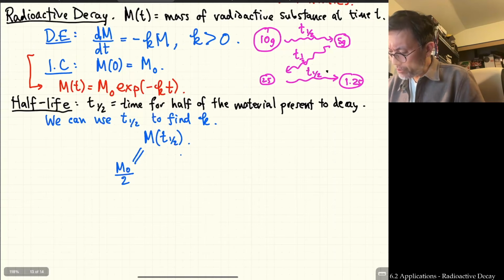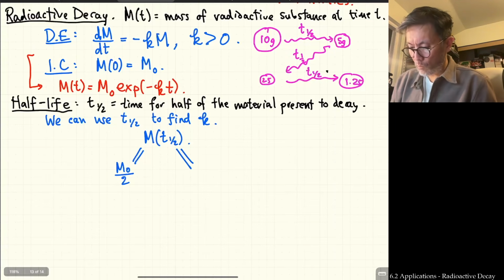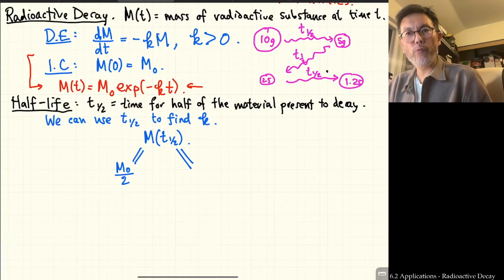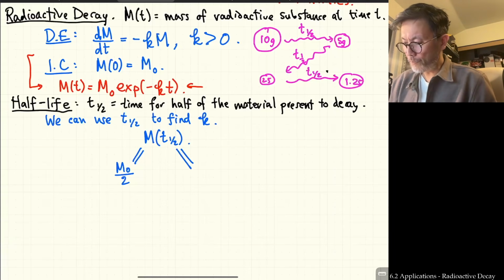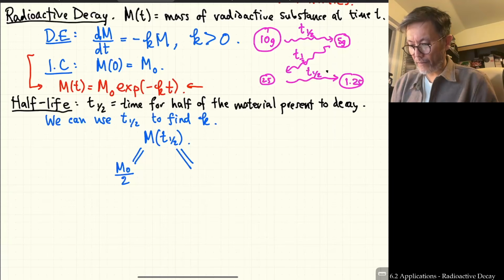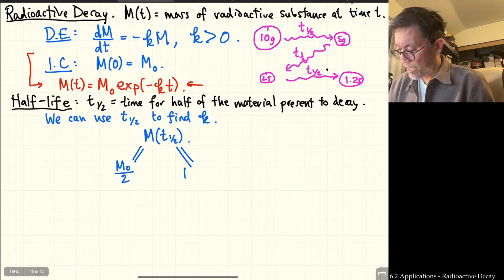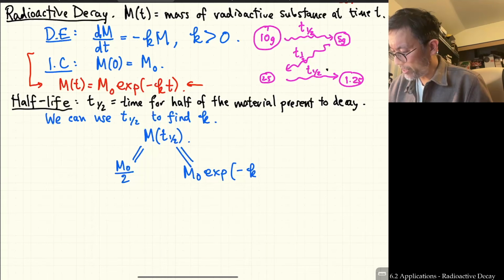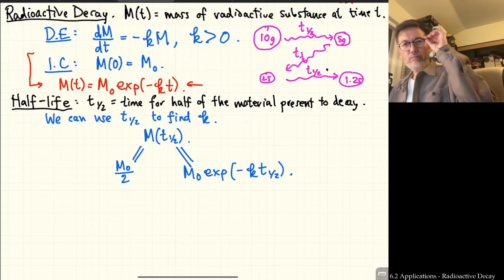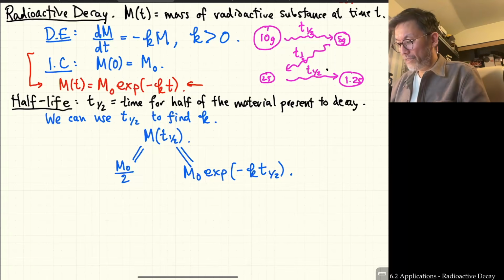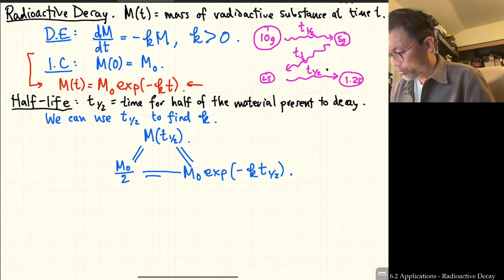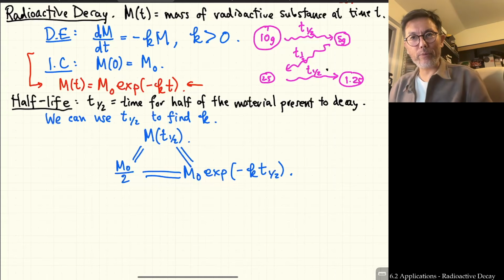But on the other hand, we have an explicit formula in red here. Look at this formula. We have that explicit formula for m of t. So we can just plug t sub 1/2 into that. And what we get is m naught times exp of negative k t sub 1/2. So evidently, because this is equal to that and this is equal to that, they are equal to each other by the transitive property of equality.